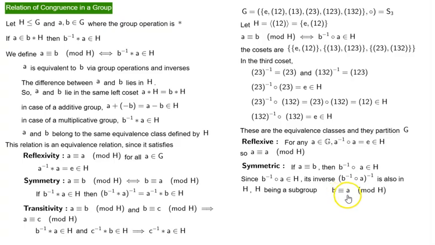So we can say b is congruent to a mod H. Which means if a is congruent to b mod H, then b is congruent to a mod H.